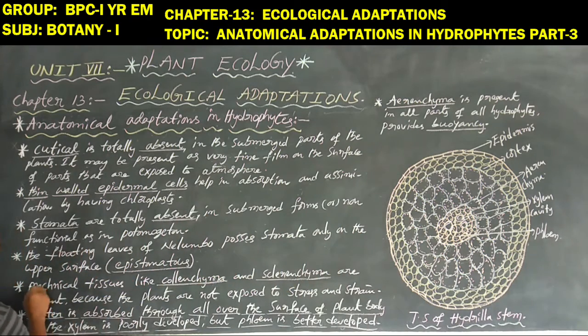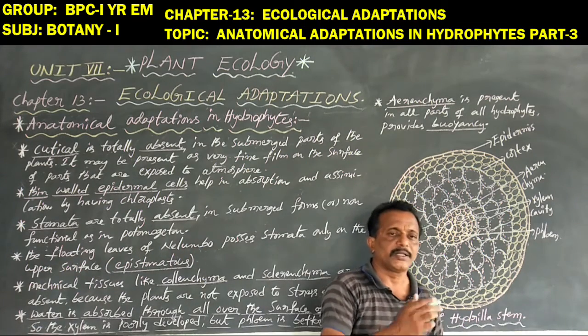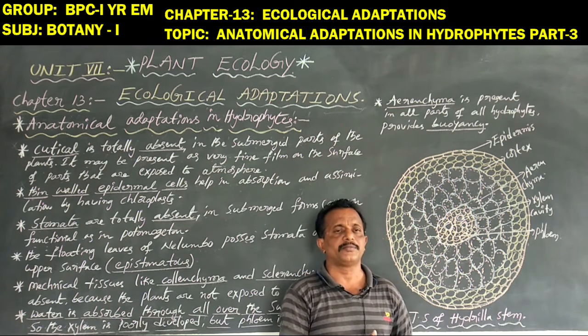Next, coming to mechanical tissues. In general, in all aerial plants, the plant body is made up of parenchyma, collenchyma and sclerenchyma.